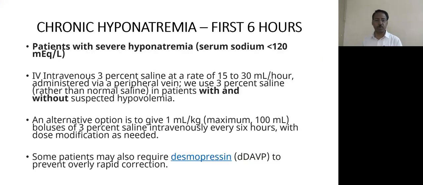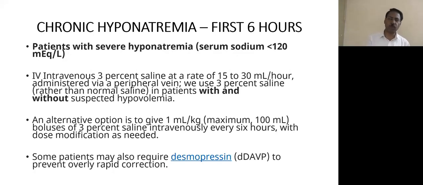Now, patients with severe hyponatremia that is less than 120, here the recommendation is intravenous 3% saline at the rate of 15 to 30 ml per hour administered via a peripheral line. We use 3% saline rather than normal saline in patients with and without suspected hypovolemia.